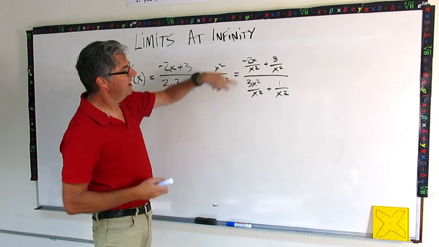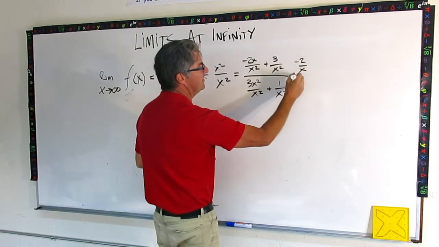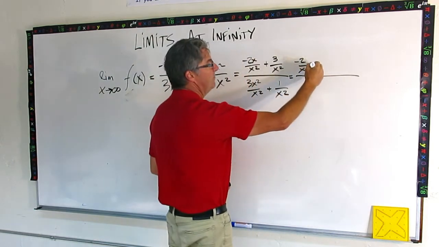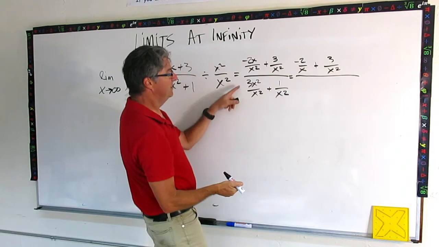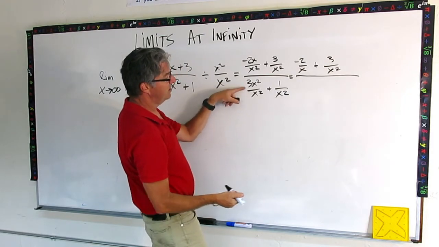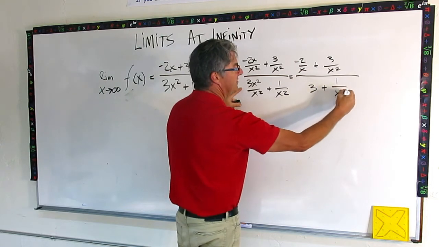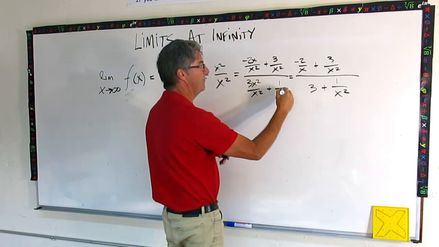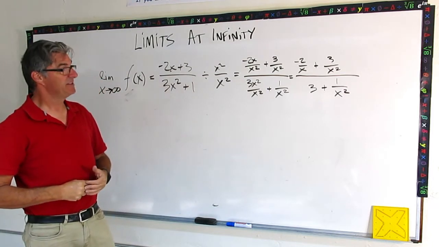Minus 2x over x squared ends up being minus 2 over x. Let's bring our fraction bar across. Plus 3. I can't reduce that down, but that's going to be okay. Now this one's going to cancel down. The x squareds go away, so I have 3 plus 1 over x squared. That's a squared. Okay.